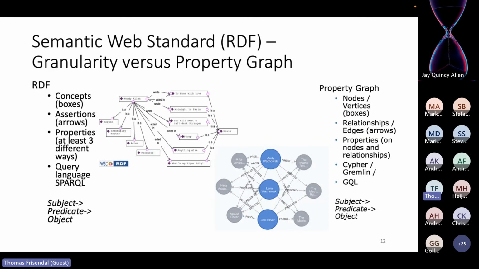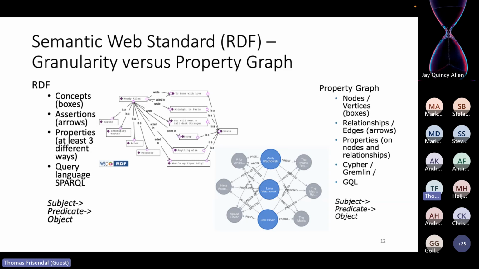Another standard is RDF. RDF has been around since 1999, and it's also a graph. I'll come back to the property graph standard in a little while. RDF consists of what is in its own language called triples.